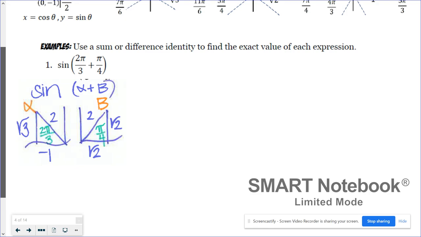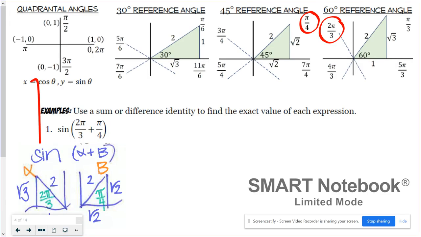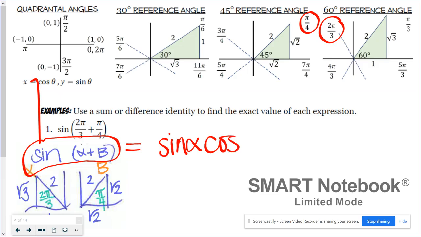Now, sine of alpha plus beta, because that's what we're looking at here. Its formula is broken down as sine of alpha cosine of beta plus cosine of alpha sine of beta.